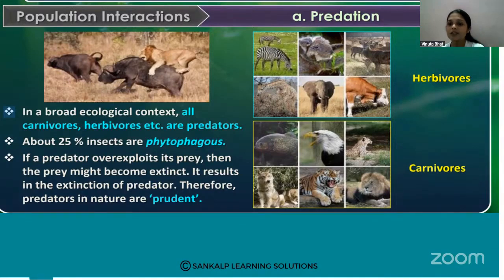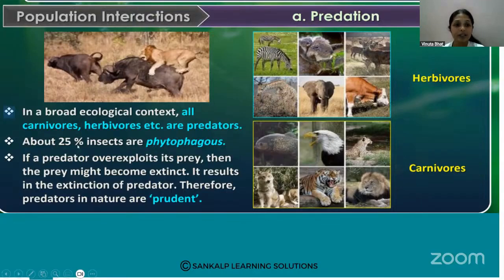And carnivores, for example lion, tiger, leopard, are called predators. They capture prey like deer and rabbit, and these are called prey. So herbivores and carnivores are both called predators.